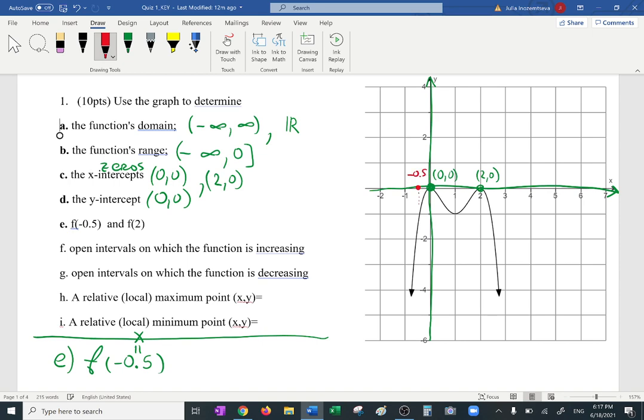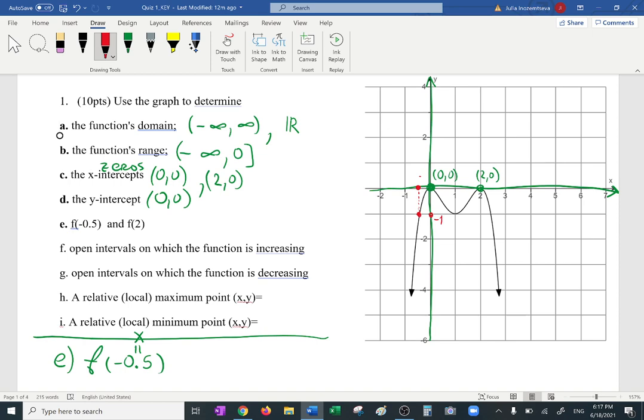Now I need to look where f of x is going to be. Not very clear, but it seems like, let me see, it's either minus 2. No, it seems like it's minus 1. I think that's the height. Yes, that is minus 1. Here it is.